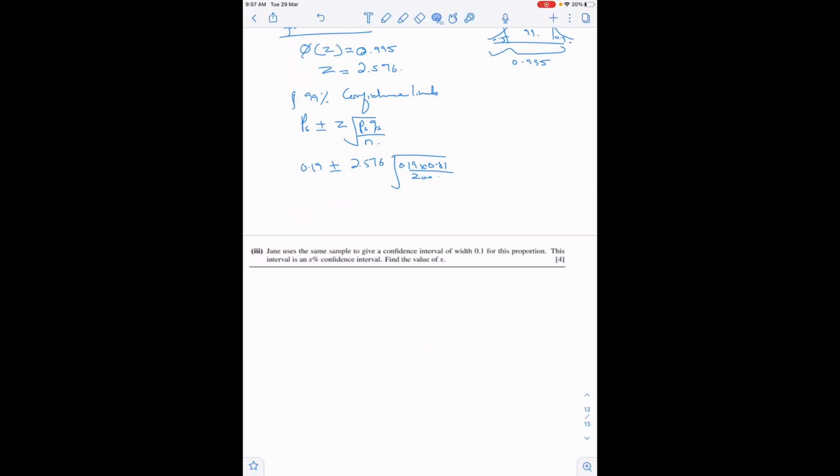Okay, what is the formula for width? I'm writing it here. Width is going to be 2 multiplied by Z, times the square root of the same two values, 0.19 and 0.81, divided by 200, equals the width 0.1. We don't know what percent here, so let it be Z only.